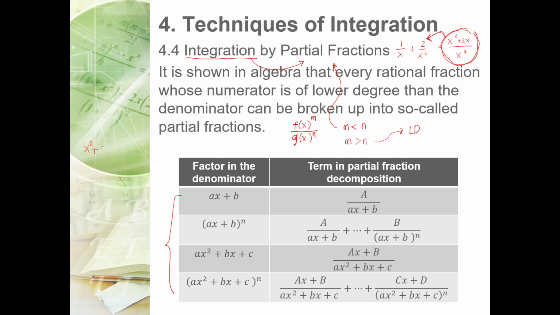Let's say you have 4x plus 4, then you have to make it into its different factors, like x plus 2 times x plus 2. Do this in the denominator most of the time, because that will be helpful for you later on once you determine the different factors in the denominator.